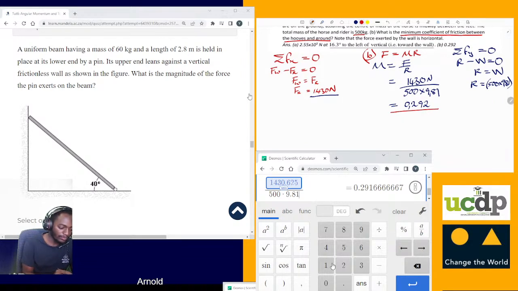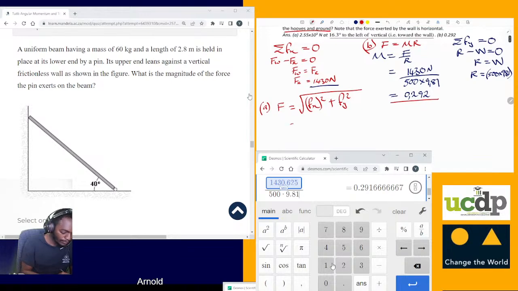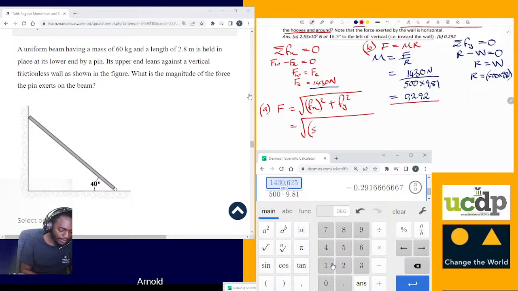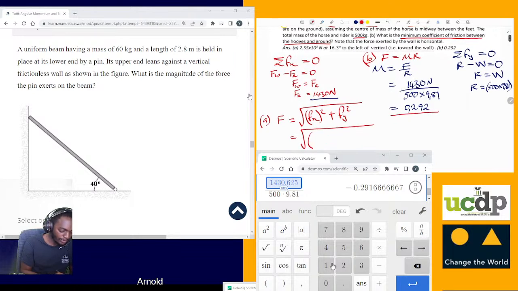So F becomes equal to the square root of F in the X, it's 1430, then F in the Y, this is 500 times 9.81, whole squared.